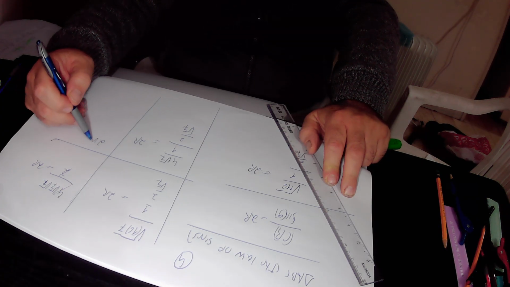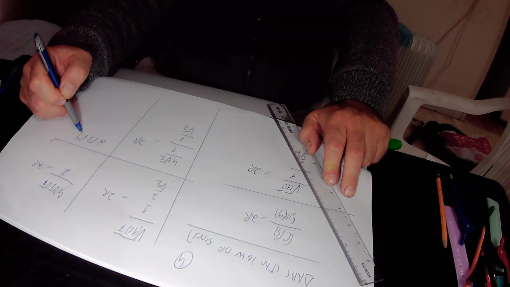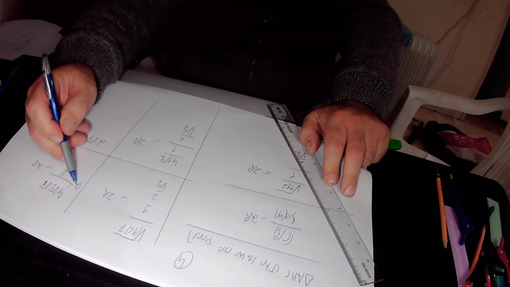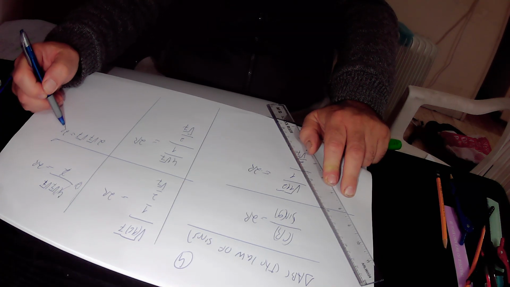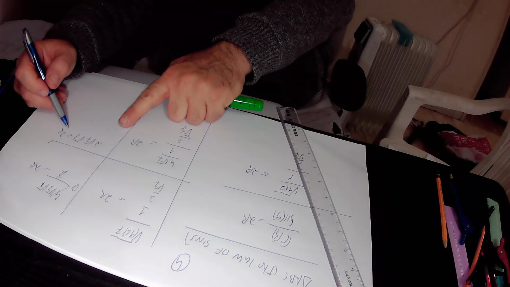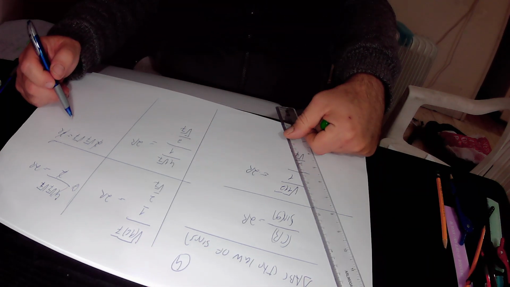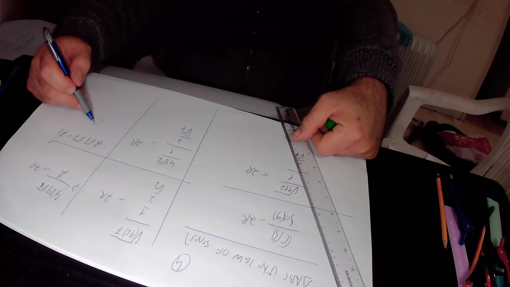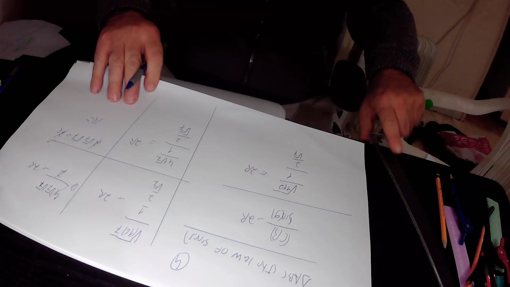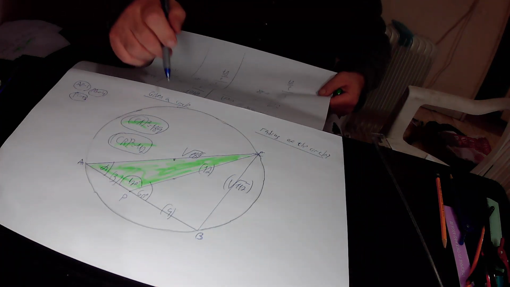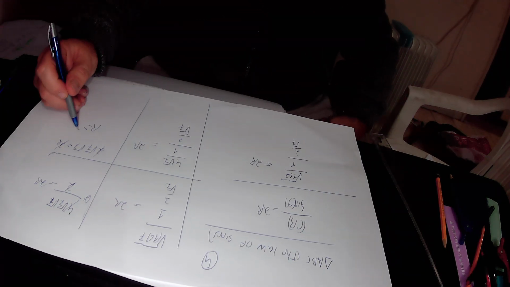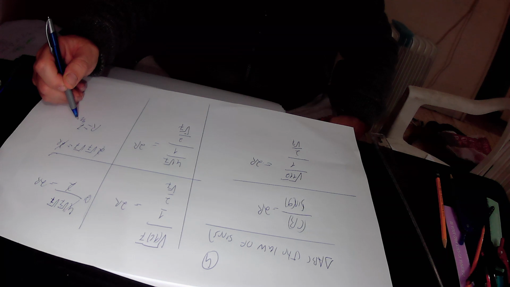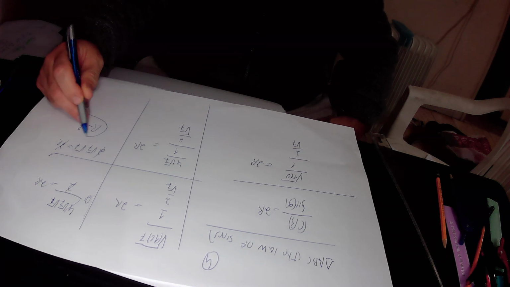So it is 2 times square root of 7 times square root of 7 equals 2r. Here we divide this equation by 2. So finally we found that r, the radius of this circle, that is the radius that we are looking for in this question, equals square root of 7 times square root of 7, which is 7 units in length. And that is the answer to the first question.